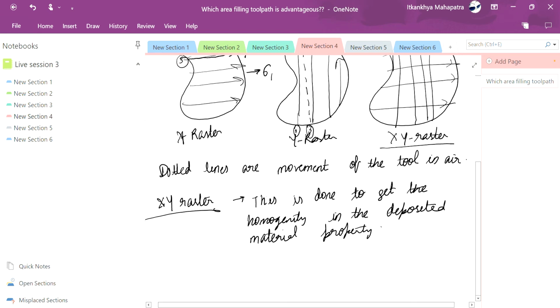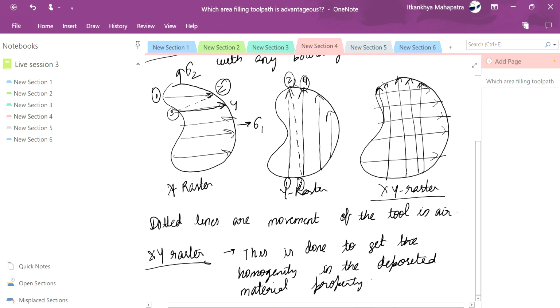When we are adding the material in the X axis, the strength of the part in the X axis will be different as compared to the Y axis. This was for X raster scanning. But now in XY raster, the strength will be quite similar in both directions, the X direction and the Y direction. So this is a combination of two raster scans.